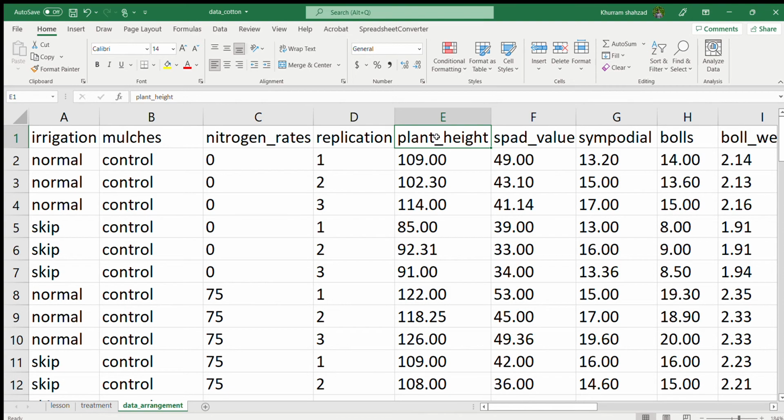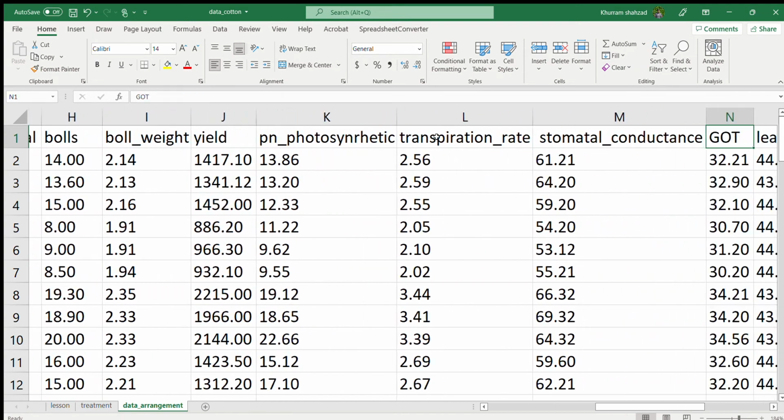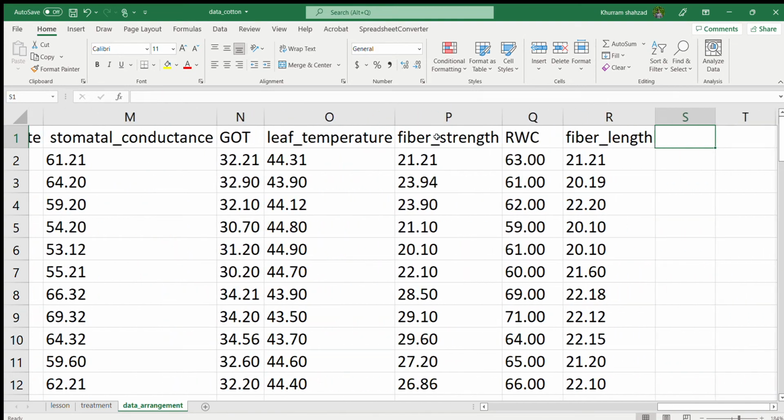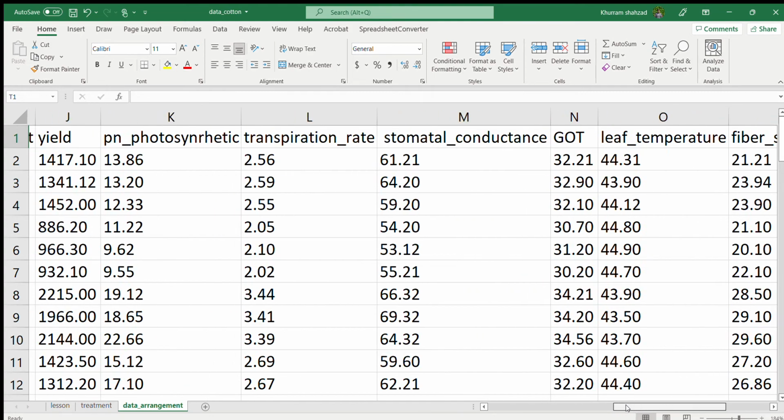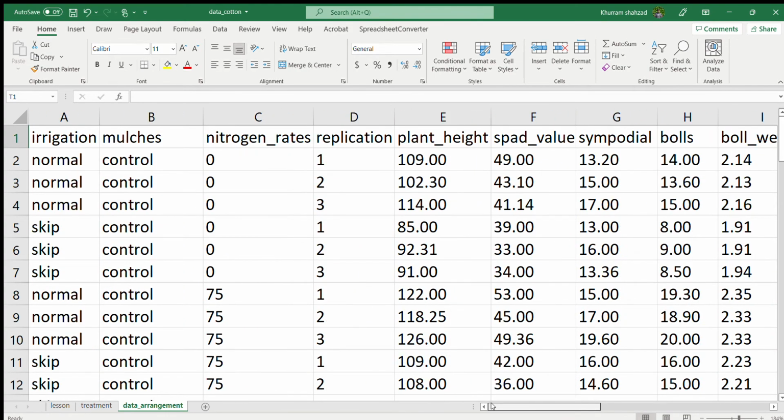We have measured plant height, and other parameters, and however many you have, it's not a problem. Enter all your data in one Excel sheet. Don't enter data in many sheets. If you want to skip normal irrigation, or reduce it, we can silence it in our R commands. R can do that even with many factors. So you have to enter all your data in one sheet.